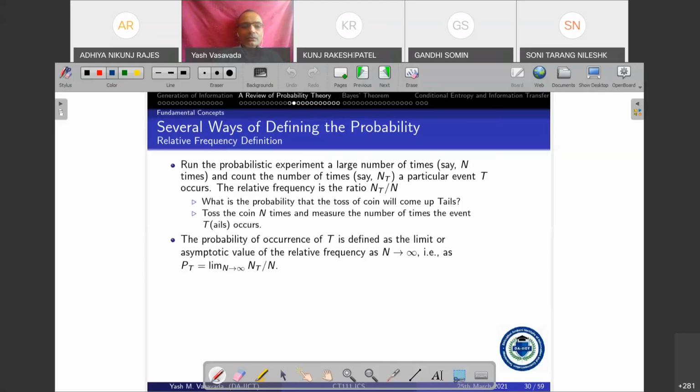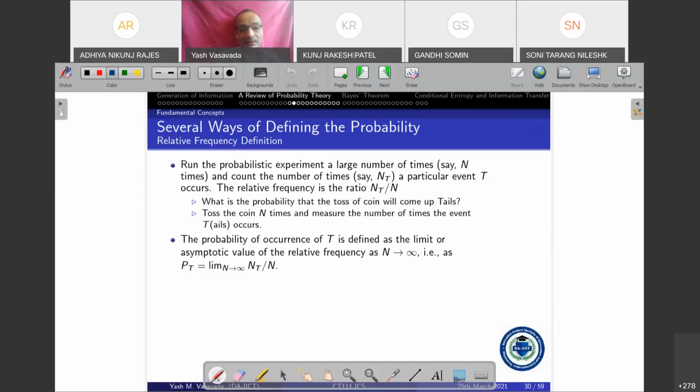Now, this way of defining probability is fine, except that you have to let the number of experiments approach infinity, and then you have to measure the asymptotic value of this ratio.